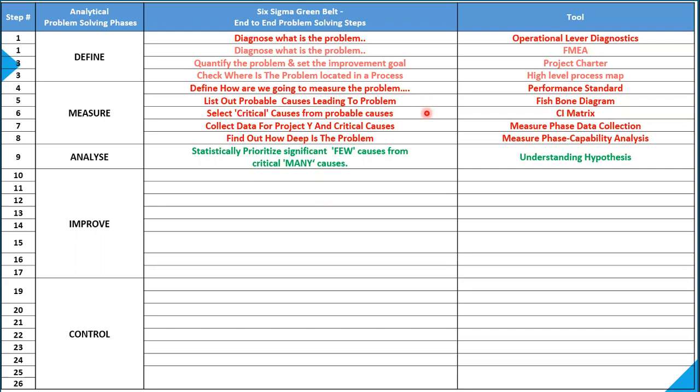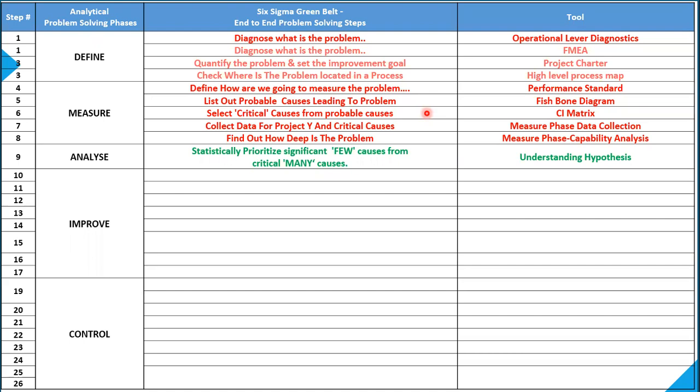As we discussed in the last couple of videos about capability analysis, this term called defectives, or the document called performance standard, is one of the most important terms around which the whole Six Sigma project is revolving. So we talked about that.